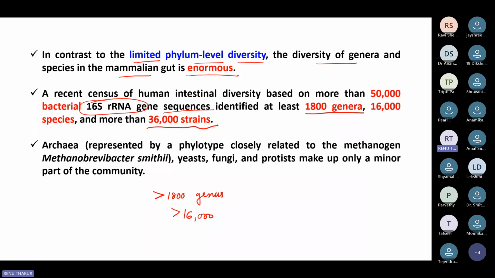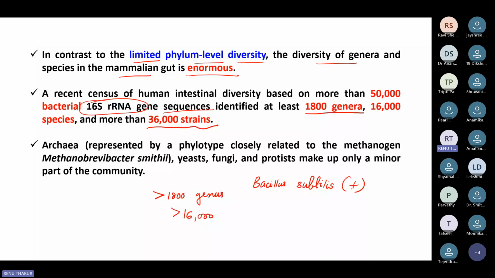In numbers, you can say more than 1800 genera, more than 16,000 species, and more than 36,000 strains are there. Now genus is different, species is different, strains are different. I think you should know about Bacillus subtilis, a simple gram-positive bacteria.